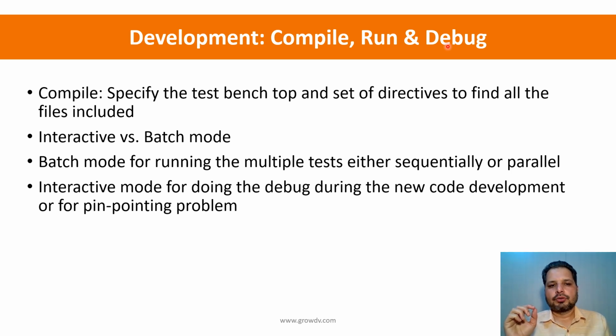As a part of compile, these are all put as targets in the makefile, and you specify your test bench top and the various directories in which the test bench code and the RTL code is included, and the test bench is compiled. If there are any compile errors, they would be shown in the compilation log. You would fix them and get it all compiling cleanly.